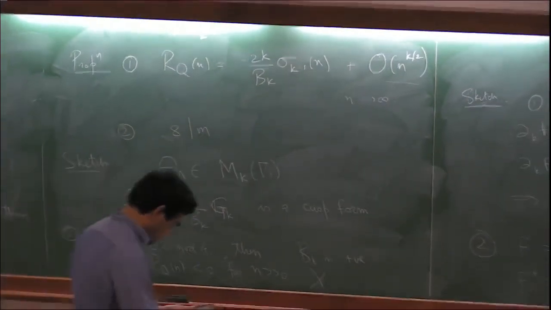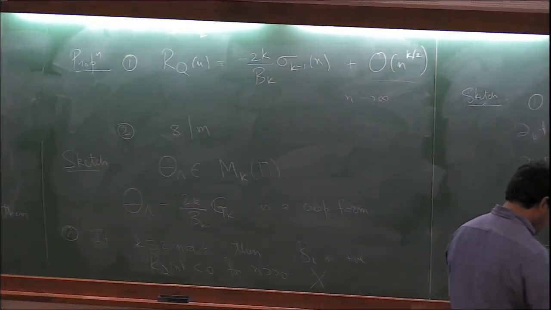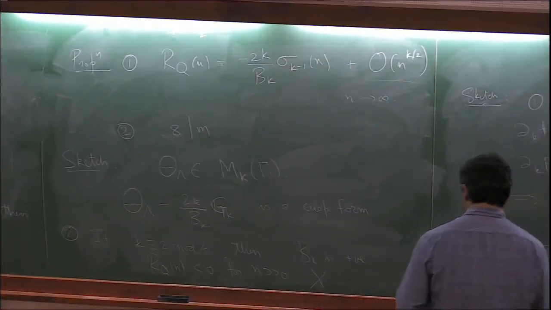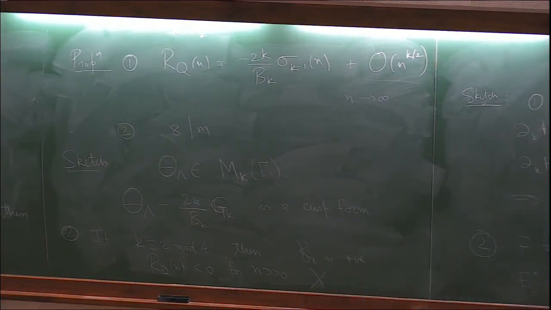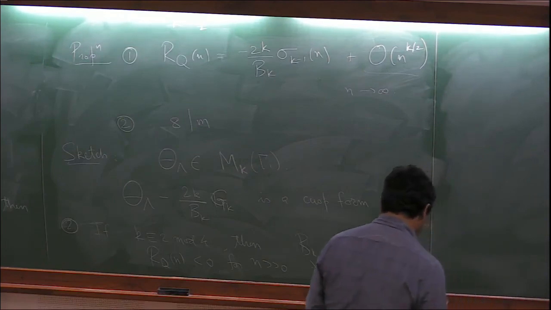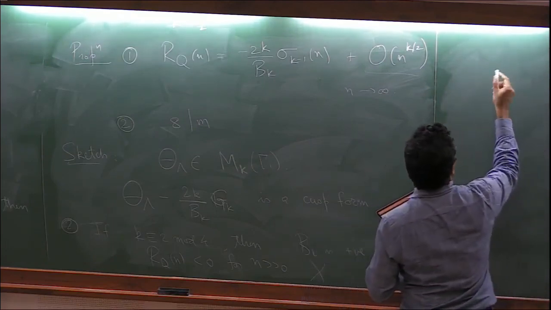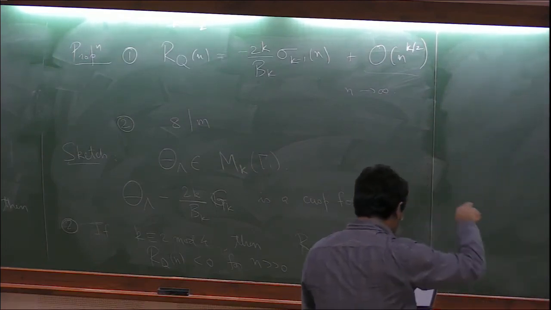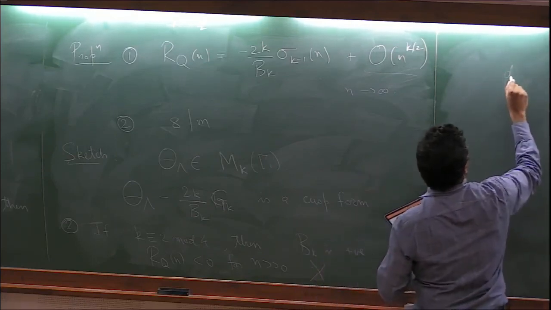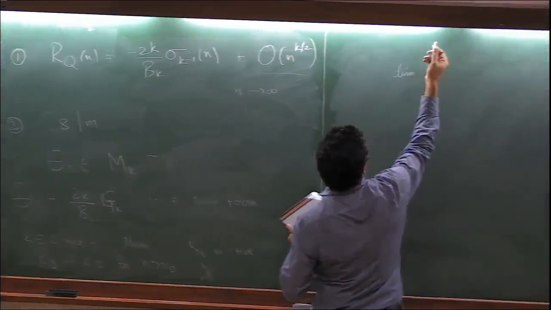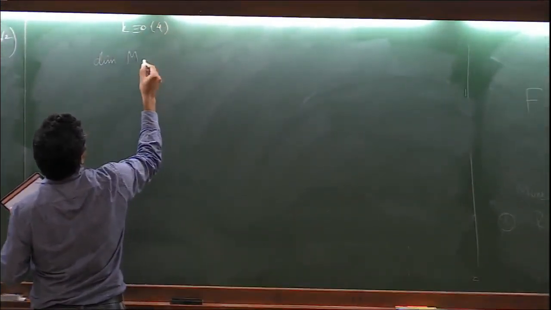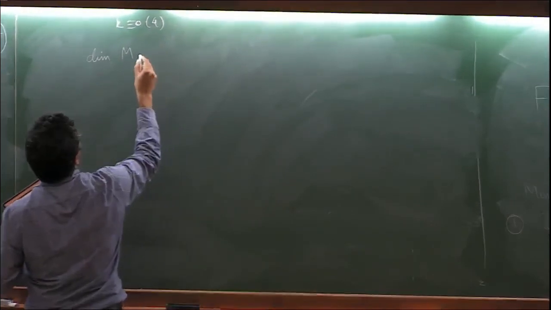What else? So the last thing I want to say is something about extremal lattices. Because now k is congruent to 0 mod 4, in particular the dimension is not 2 mod 12.